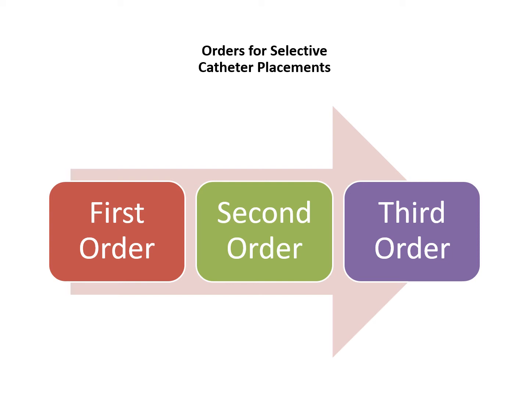So using 36245 as an example of first order, here the catheter is only manipulated once into another vessel, typically the common iliac. Second order, the catheter is manipulated twice, and that is the vessel's internal and external iliac and common femoral.